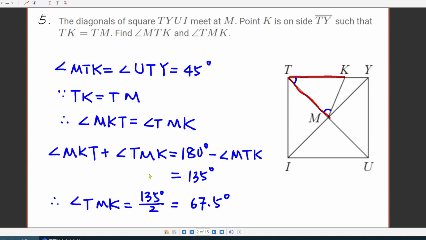67.5 degrees, right? So the key is to find angle MTK here, which is 45 degrees in a square like this, right? Can you follow me? Pretty straightforward question, right?